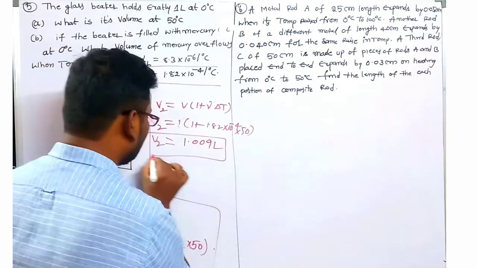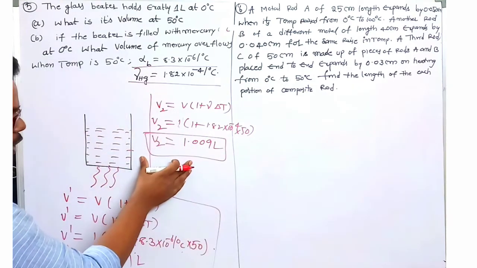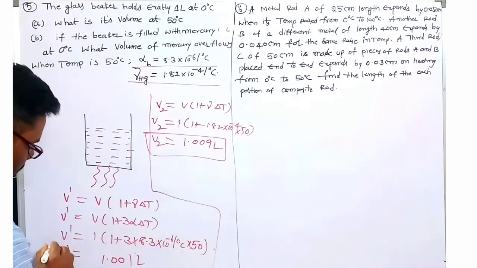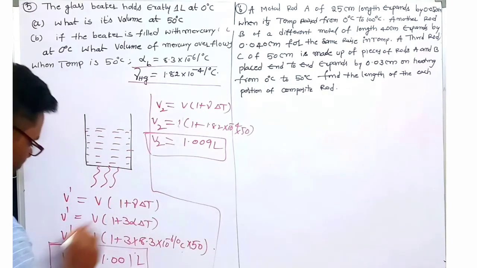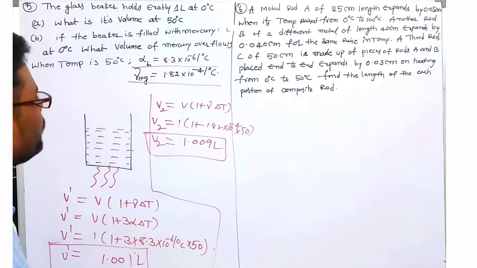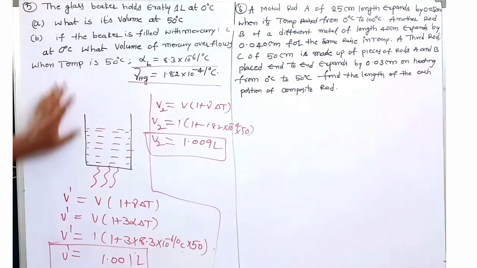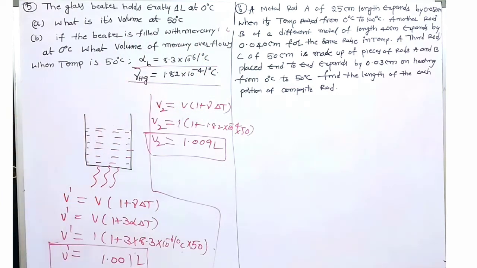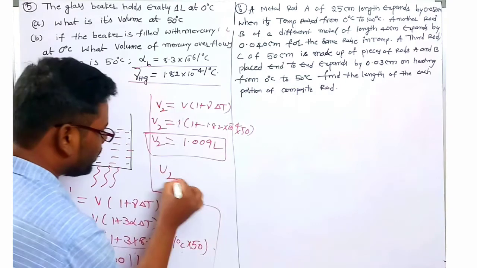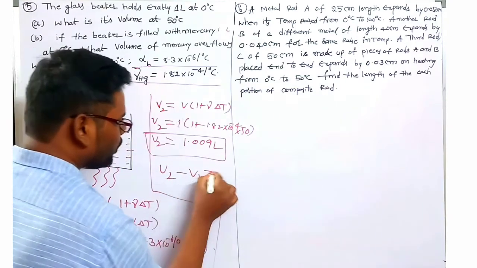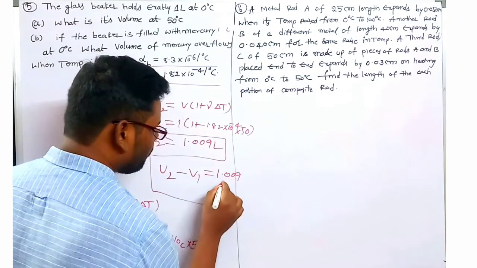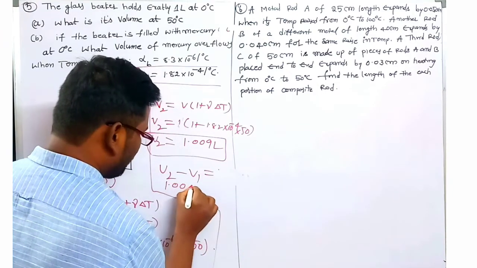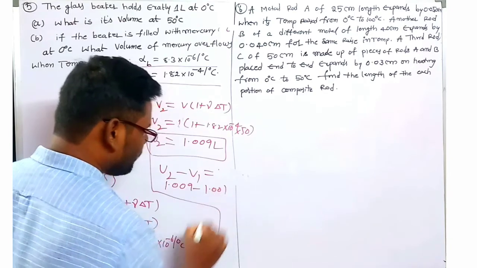So now, considering the volume expansion of the mercury and the volume expansion of the beaker, the amount of mercury that overflows when the temperature is 50 degrees Celsius is V2 minus V1, that means 1.009 minus 1.001.